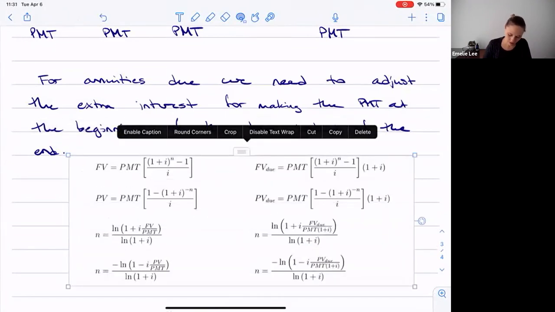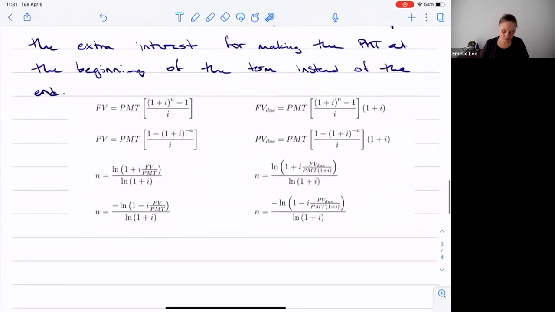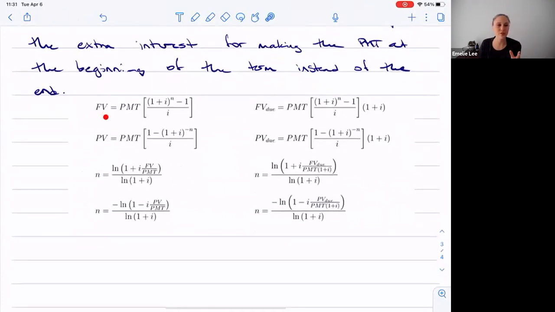Okay, so here, the only difference between the future value and the future value due, if you kind of dissect the formulas here, the only difference is that you've added on 1 plus I, which is the interest for one period, right? And that's all that's happening.